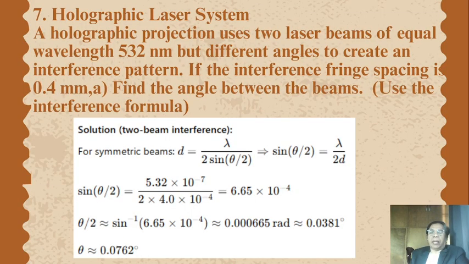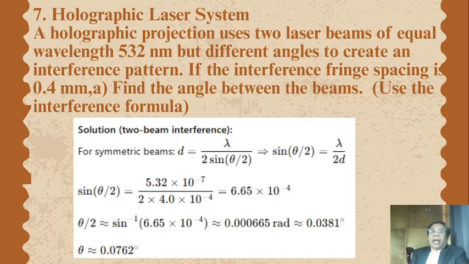And from there, we can obtain sine theta over 2 is equal to lambda over 2D. So, substituting the given data, the answer for sine theta over 2 is 6.65 times 10 to the fourth.